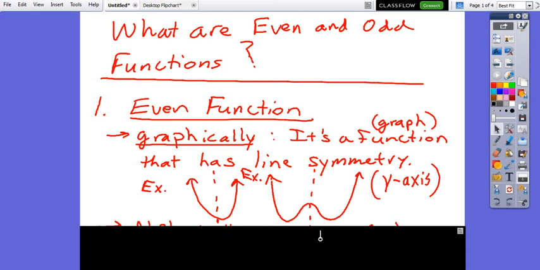Now, having seen what it means graphically to be an even function, I also want you to notice that both sides of these functions face up. They could also both face down, but if it's going to be an even function, both ends have to face in the same direction. Does that mean for a fact that it's an even function? No, because you could have a function that looks like this.